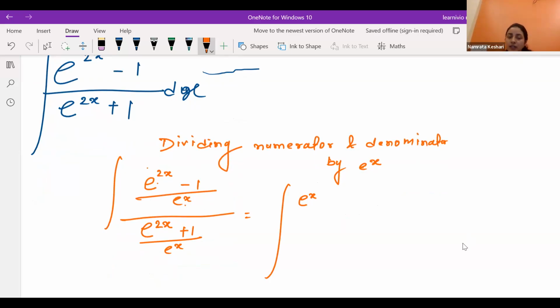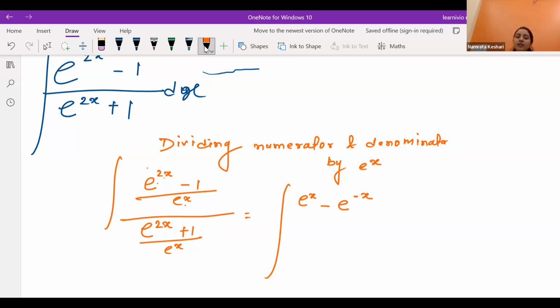Yes. Are you getting it? e to the power 2x means e to the power x square. Are you getting it? Yes. Okay. That's why I am writing that, since it was a square, one of the e to the power x is remaining. And the other one will be minus 1 by e to the power x. That means minus e to the power minus x can be written, right, Annapurna?